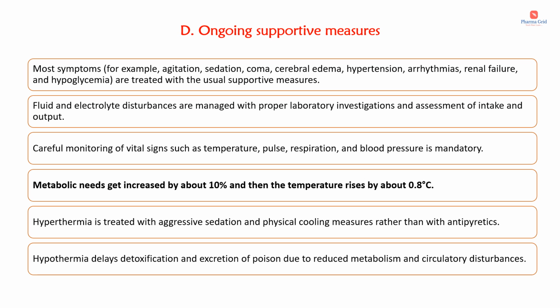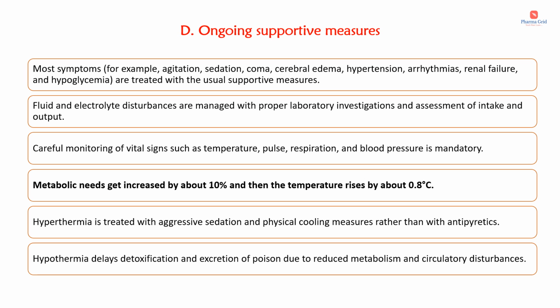Most symptoms, for example agitation, sedation, coma, cerebral edema, hypertension, arrhythmias, renal failure, and hypoglycemia, are treated with the usual supportive measures. Fluid and electrolyte disturbances are managed with proper laboratory investigations and assessment of intake and output. Careful monitoring of vital signs such as temperature, pulse, respiration, and blood pressure is mandatory.